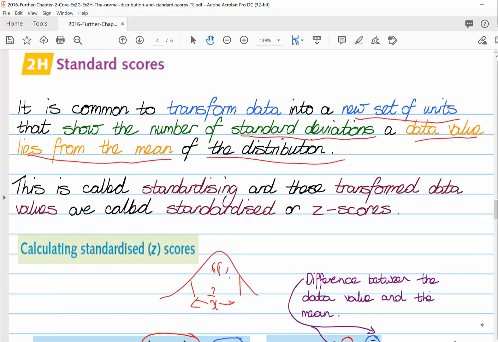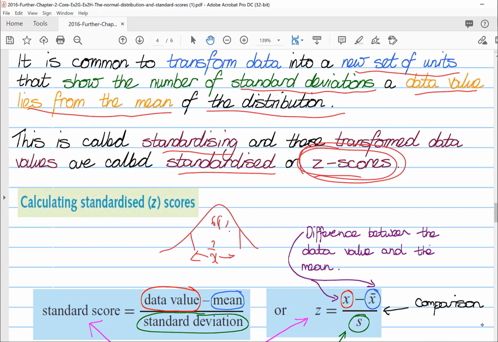This is also called standardizing, and these transformed data values are called your standardized or your Z score. I'll usually just call it the Z score. So you've got to work out what the Z score is based on some information.